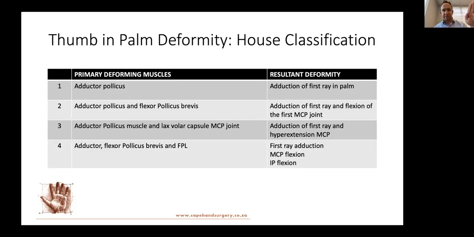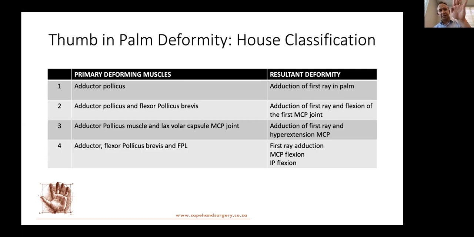So it's adduction of the first ray, and it's adductor pollicis and, to a lesser extent, the first dorsal interosseous. And then the adduction of the first ray with MCP flexion, and that's the adductor pollicis and flexor pollicis brevis. So these are the most common ones that you'll see.